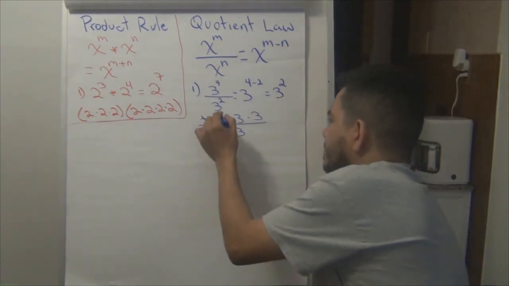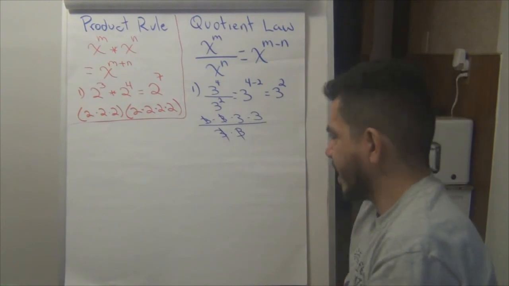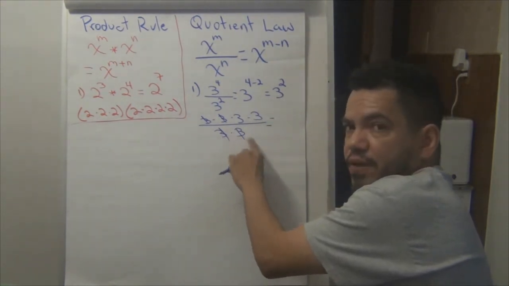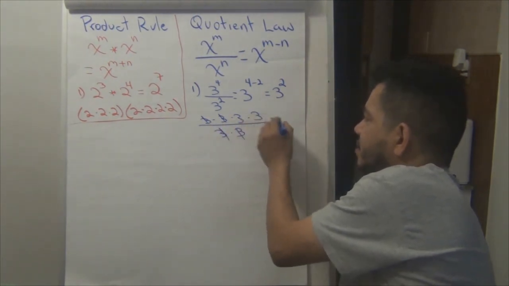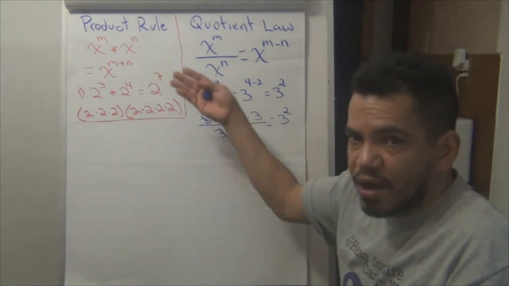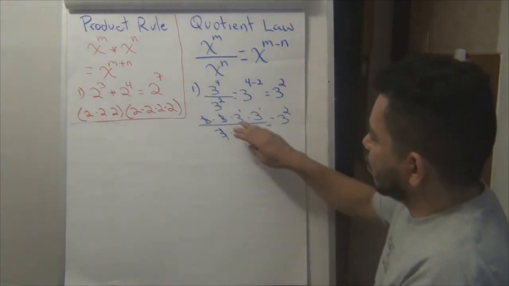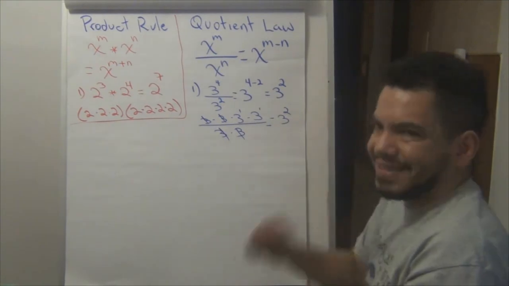Times 3 divided by 3 is 1. Okay? So you end up with 1 in the bottom because you run out of numbers. And look, here you end up with 3 times 3, which is 3 to the second power based on the product rule. Look, the exponent here is 1 and 1. So when you multiply powers of the same base, you add the exponents. Nice.